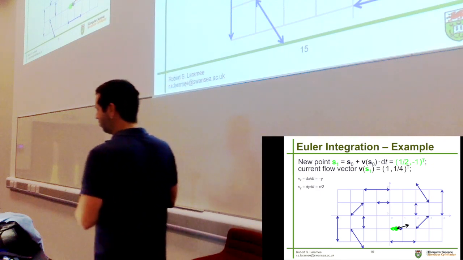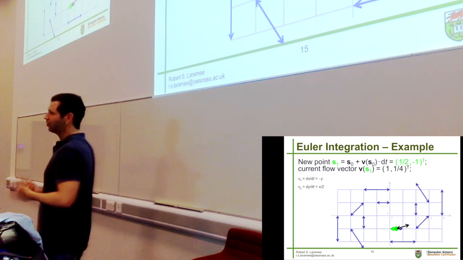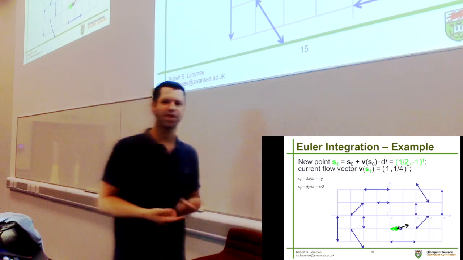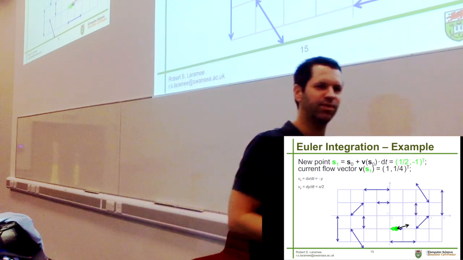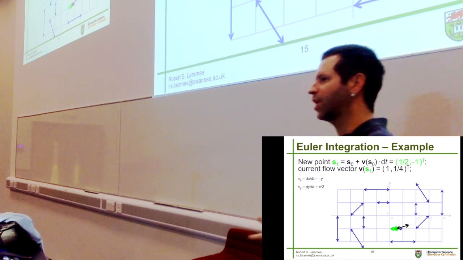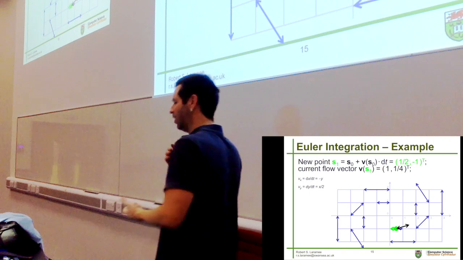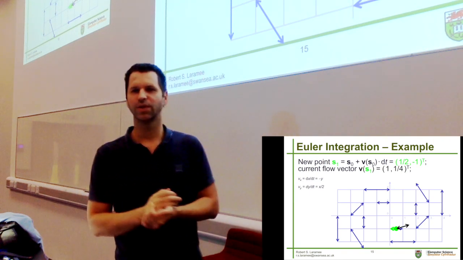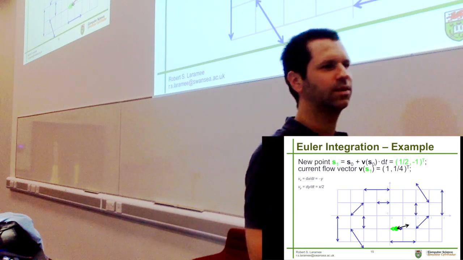And then the process just recurses, or it does the exact same thing over and over again. There's nothing different about any of the future steps. Take your previous point, evaluate the vector at that point, and multiply.